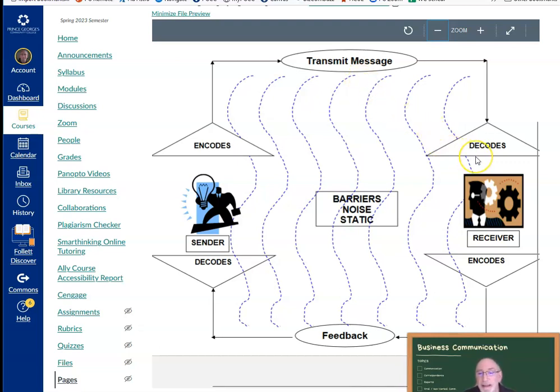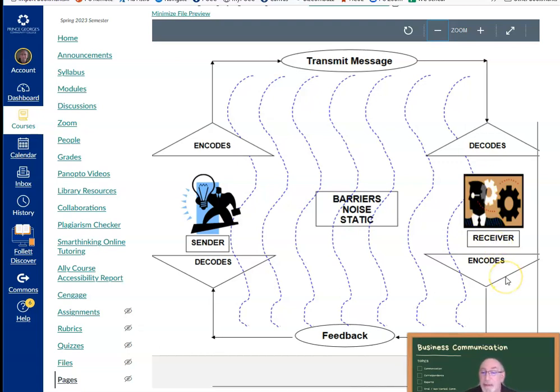3, transmit the message. 4, the receiver then decodes the message. The receiver hears, reads, or sees the message and translates or interprets the symbols, the words, gestures, into meaning.